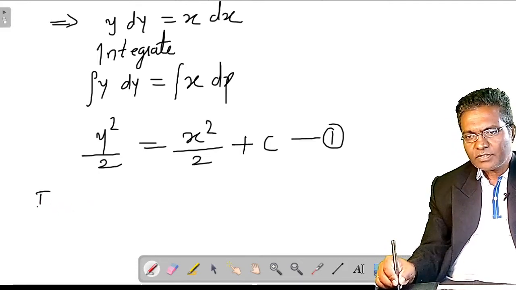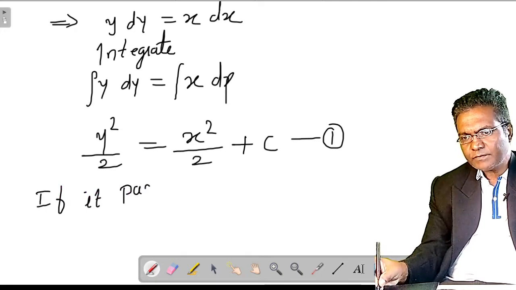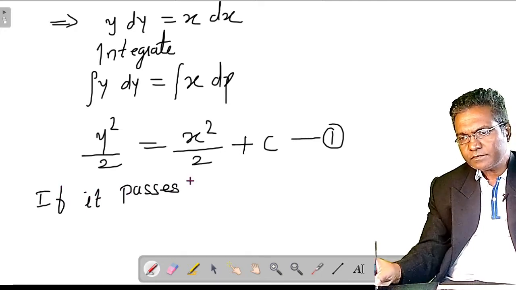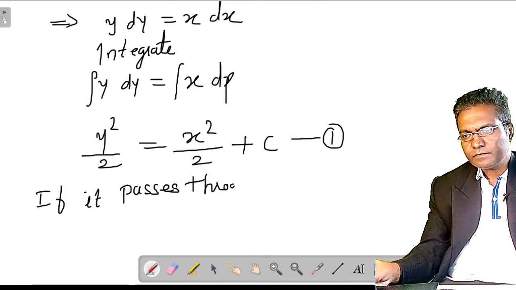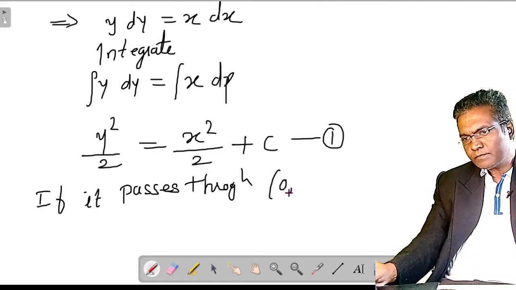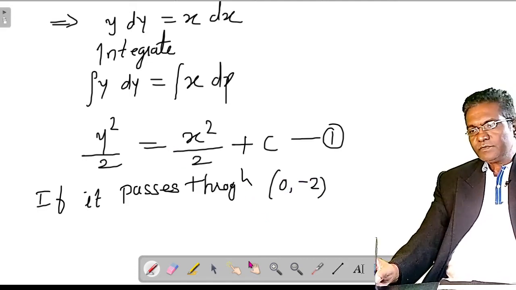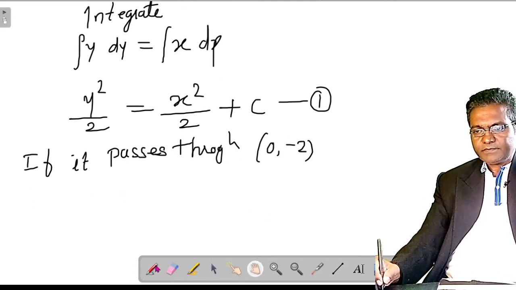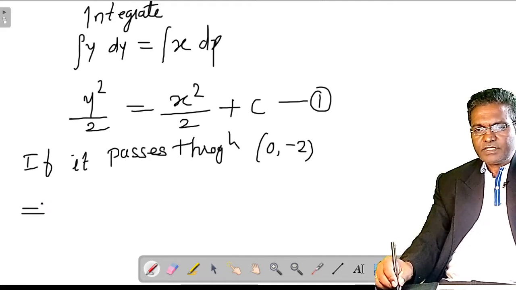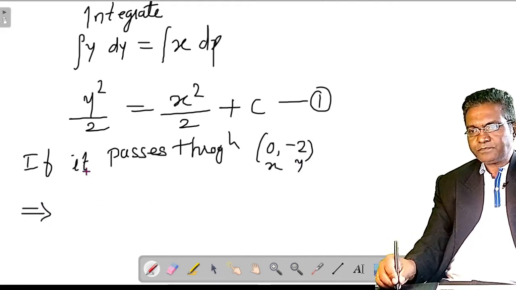So if it passes through the point 0, minus 2, what is the value of c then? Substitute x as 0 and y as minus 2 here.